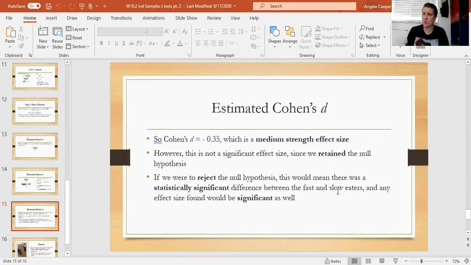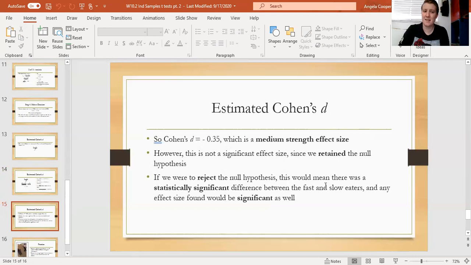Ignore the positive or the negative sign if it helps, or just know that negative 0.35 has the same exact effect size as positive 0.35, which is still medium. Really, the negative or the positive sign in Cohen's d is just whether you subtracted the big one or the little one.